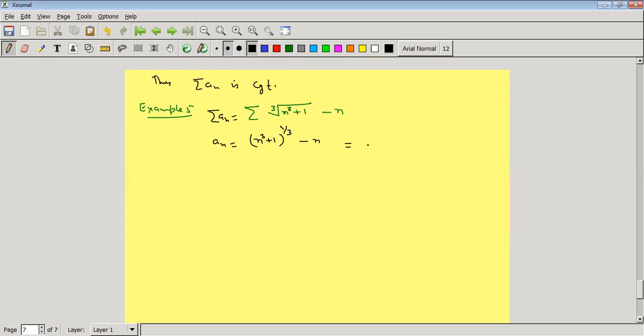So if we take n to be common, we can take n cube to the power 1 upon 3, and 3 and 3 cancel out, so we can take n to be common. So n times 1 plus 1 upon n cube to the power 1 upon 3, minus n. So again we can take n to be common from both the terms and rewrite this.